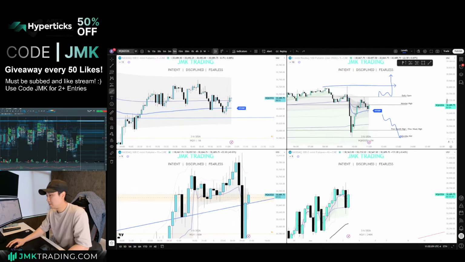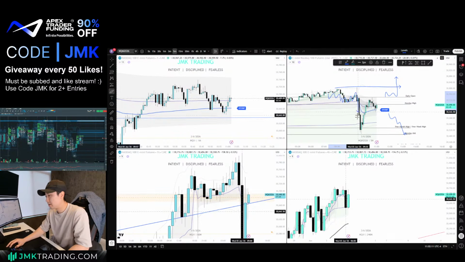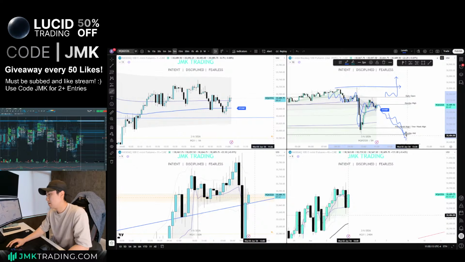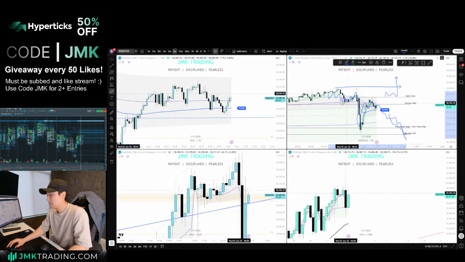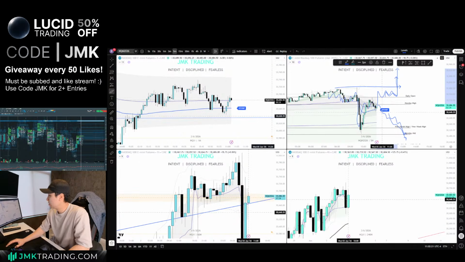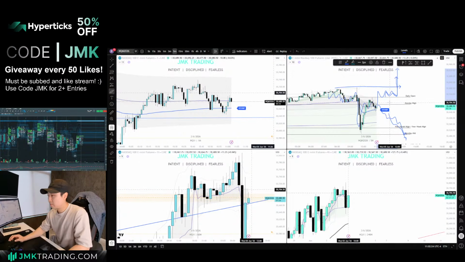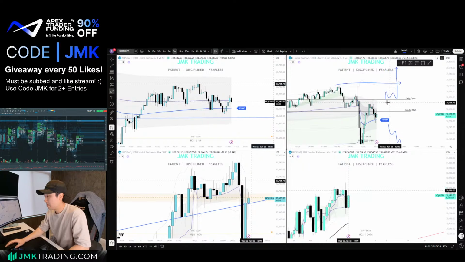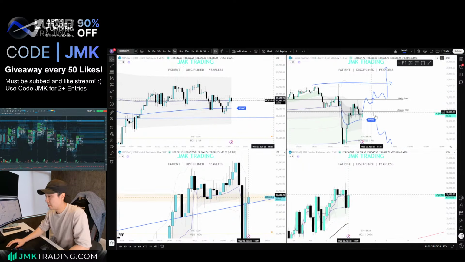This is your V-shaped distribution, a distribution pattern we trade all the time. In a bear market, this is what you get. In a bull market, you usually come up and you take it. So I'm more inclined to think that we'll take it. And I like the longs, but as of right now, I'd be out of the market.